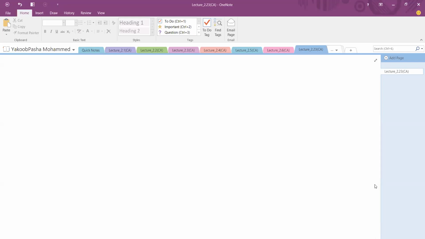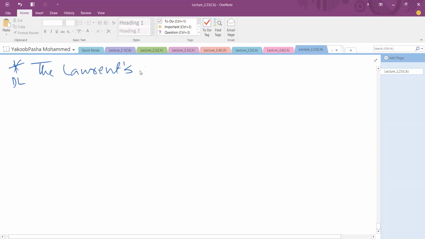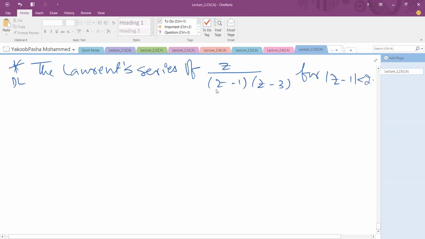The Laurent series expansion of z by z minus 1 into z minus 3 for modulus of z minus 1 less than 2.